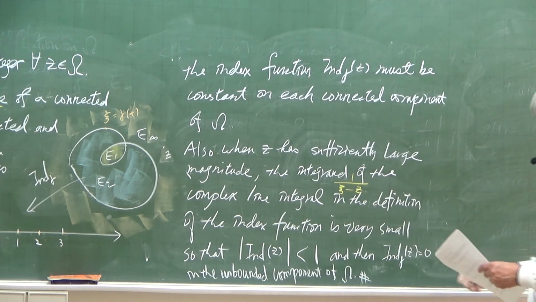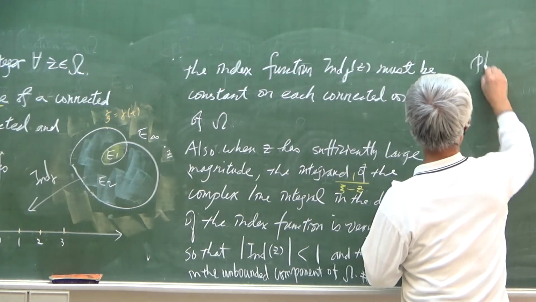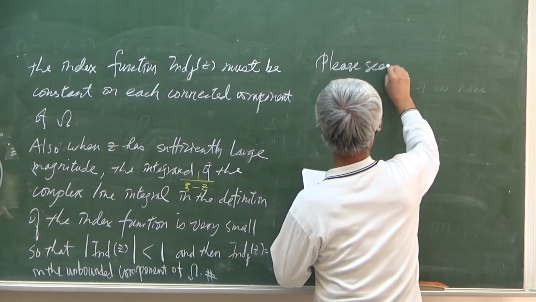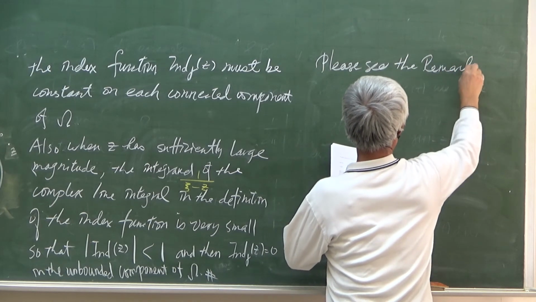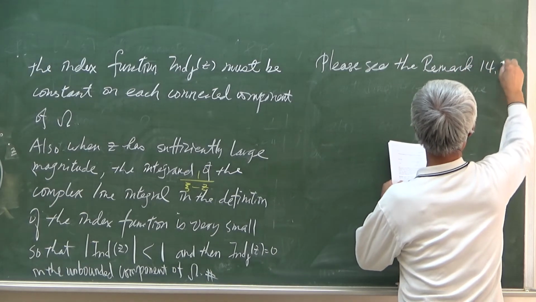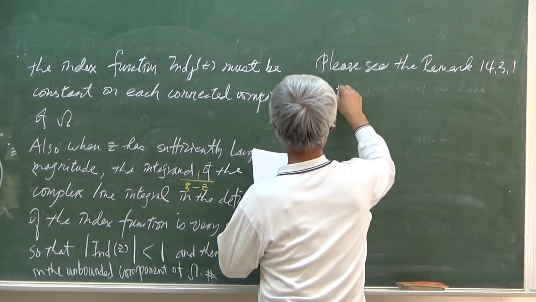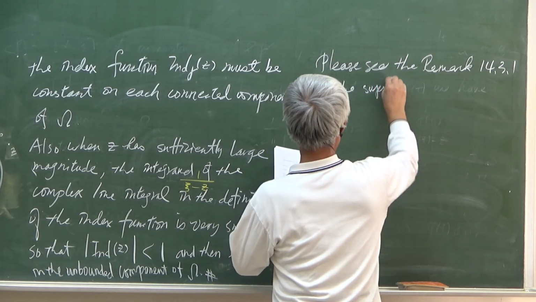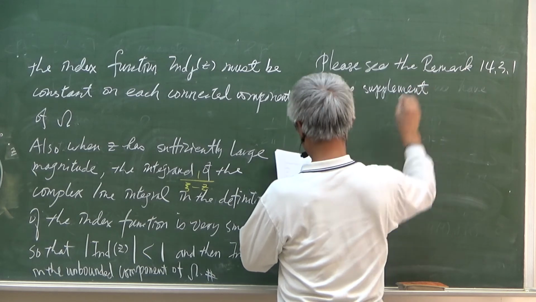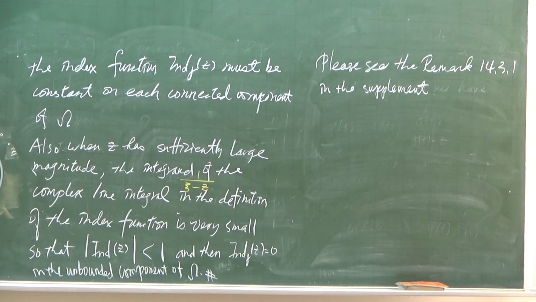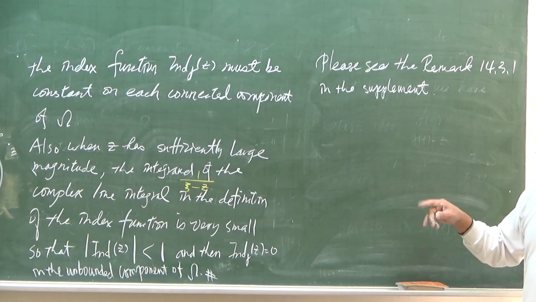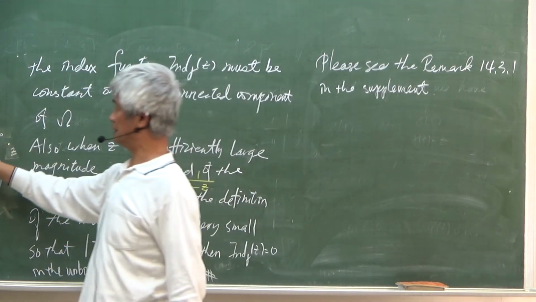Please see remark 14.1 in the supplement. In this supplement, I give a geometrical description of why it's called the winding number.